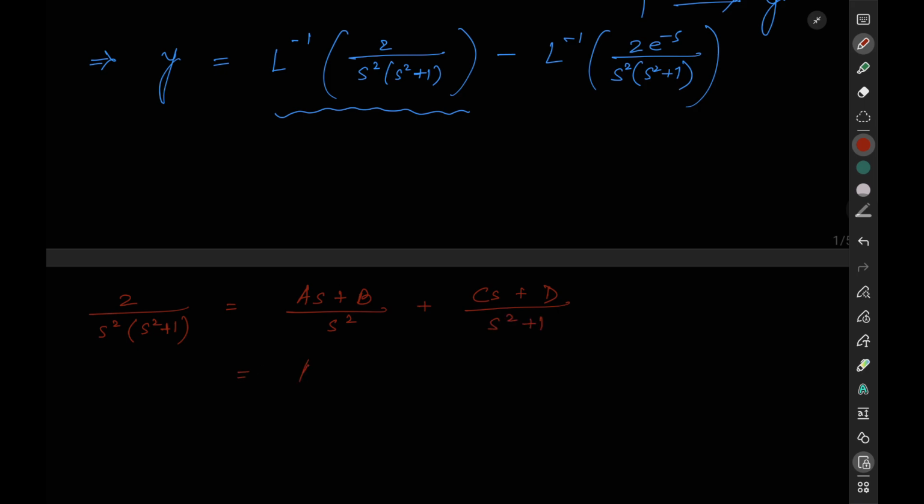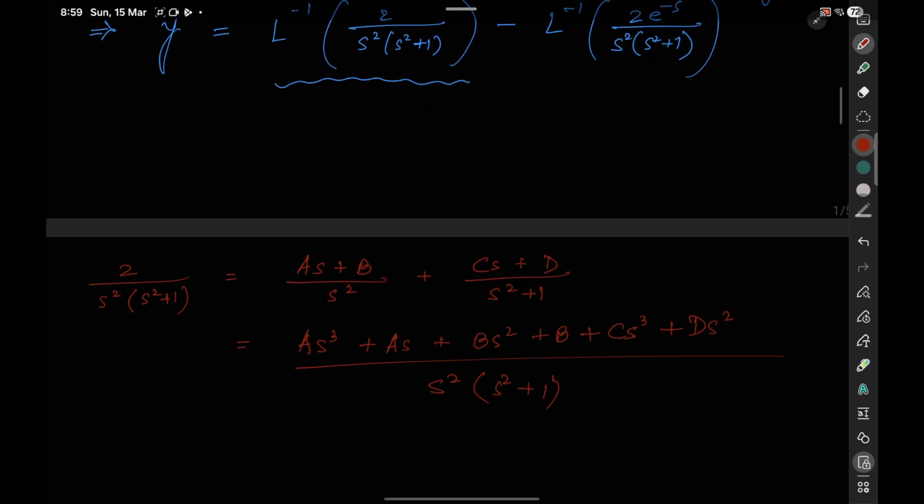This can be simplified as as cube plus as plus bs square plus b plus cs cube plus ds square upon s square into s square plus 1. Now we just have to compare the coefficients.